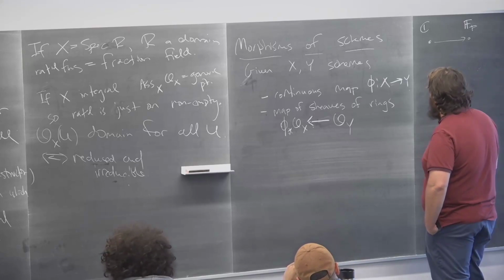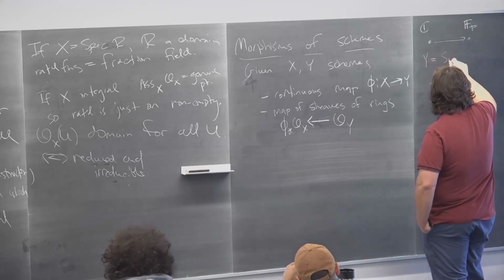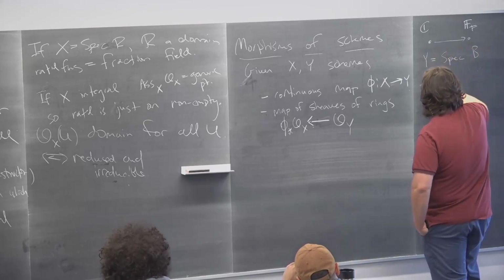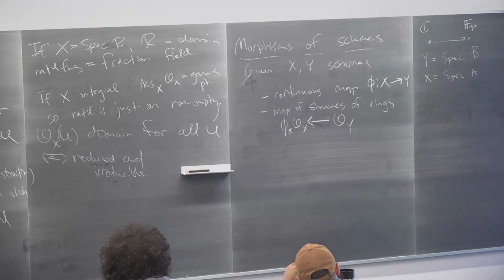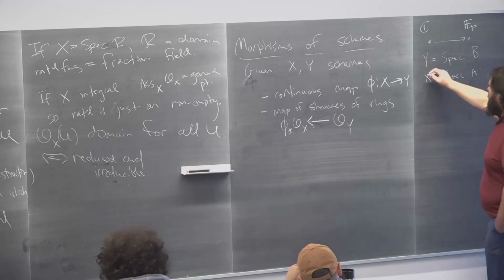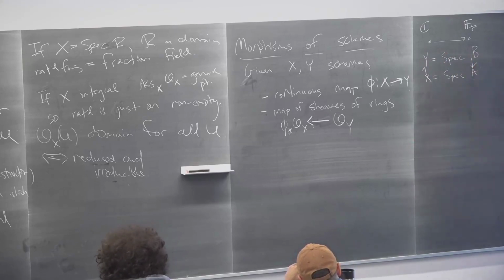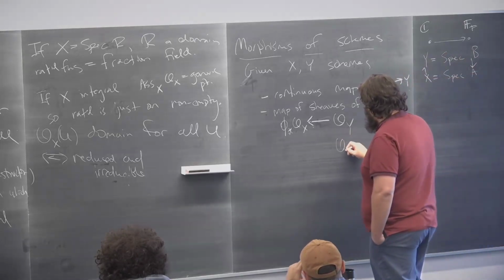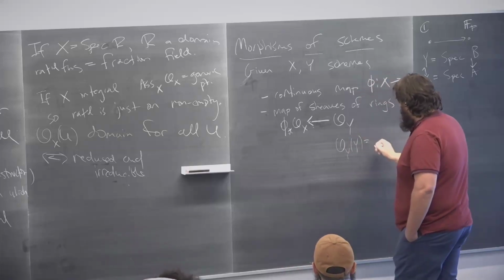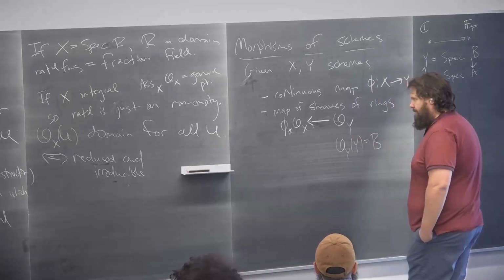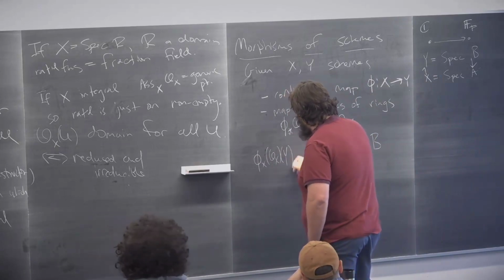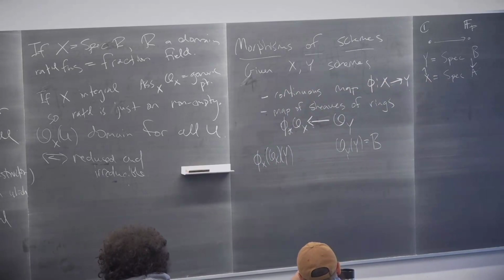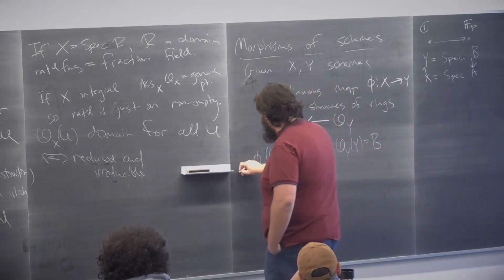Another way to think about this is if Y is Spec of B and X is Spec of A, then I want a morphism of schemes from X to Y if I have a map of rings from B to A. So in this case, if I take sections on here, I get B. If I take sections of the push forward on Y, and now you start seeing why I might enjoy this gamma notation, maybe I'll actually switch to this one.